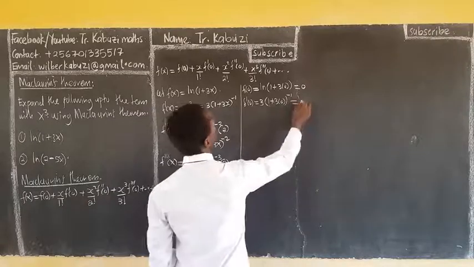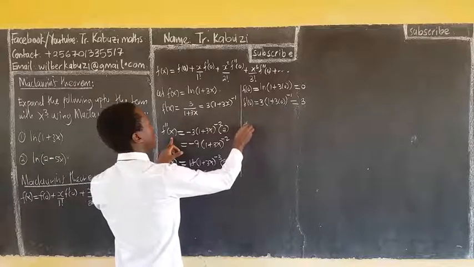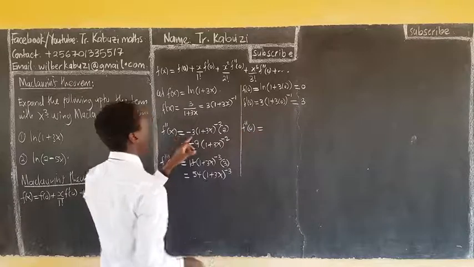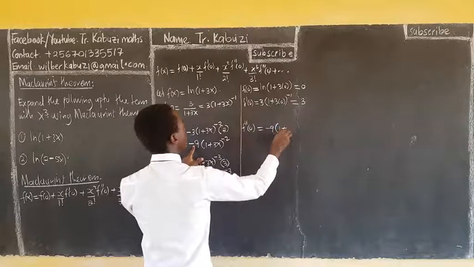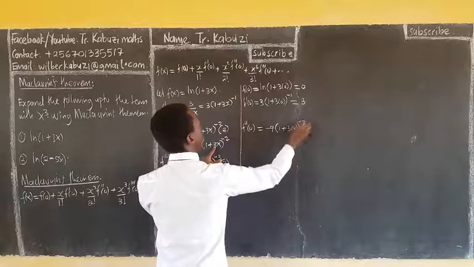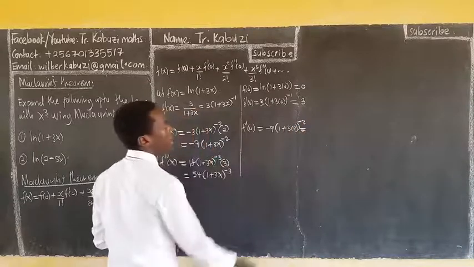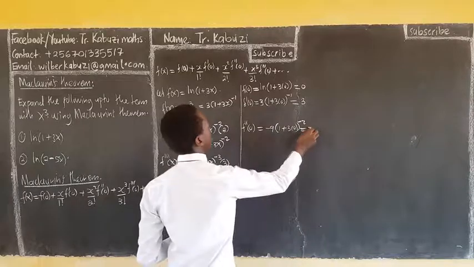Then you'll be surviving with 3. Then you evaluate also this at 0. You'll be having now negative 9 into 1 power negative 2, which is 1, times negative 9.